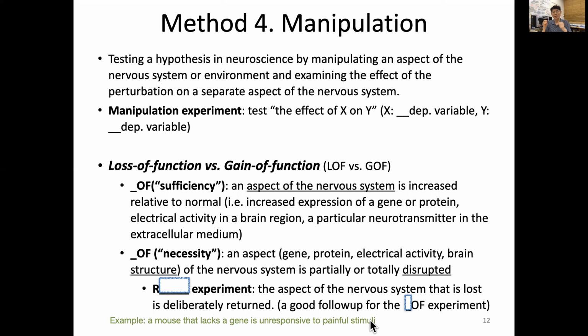Because this gene may not directly regulate pain detection, but it could be indirect, so that the whole effect could be correlative, not directly causal. Or there are many other ways to regulate pain detection too. So that's why we can conclude this gene is at least a necessary condition for proper pain detection.